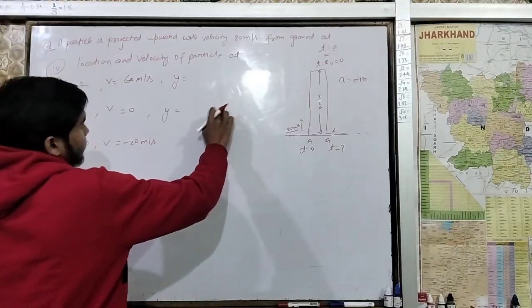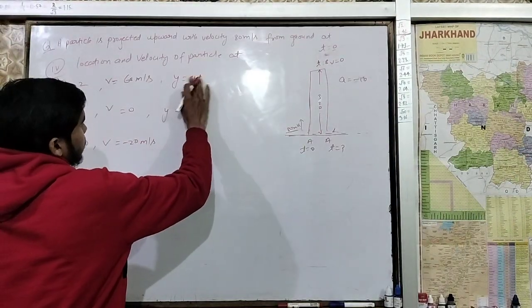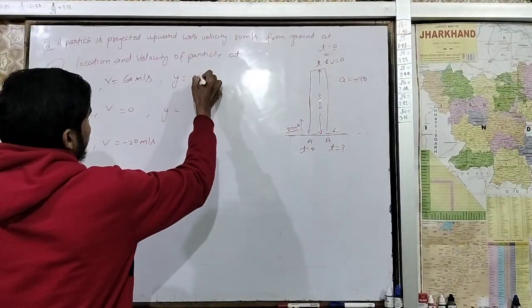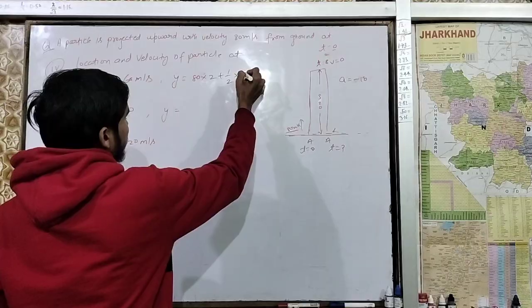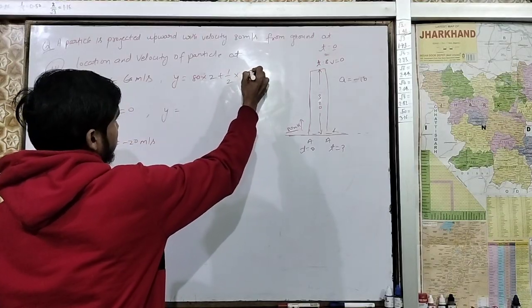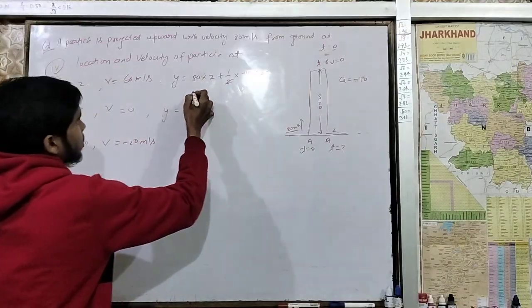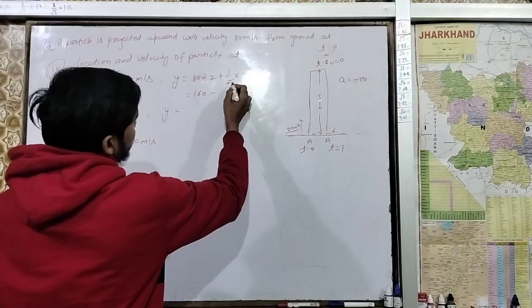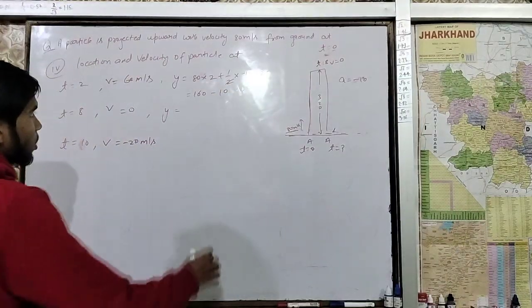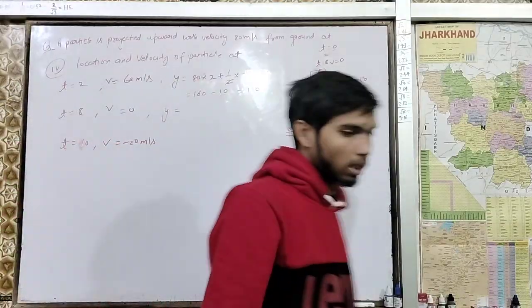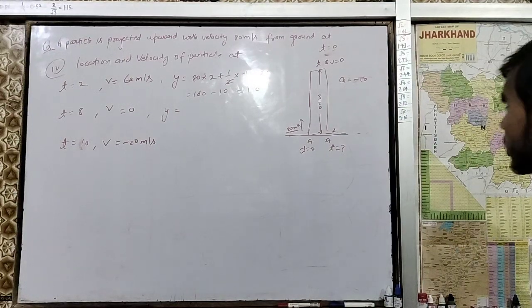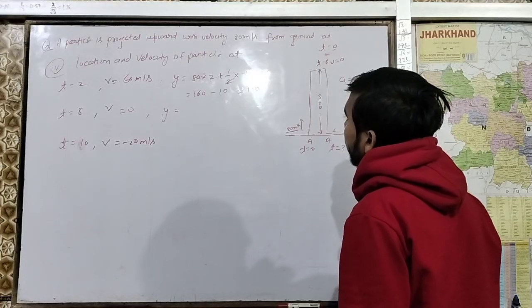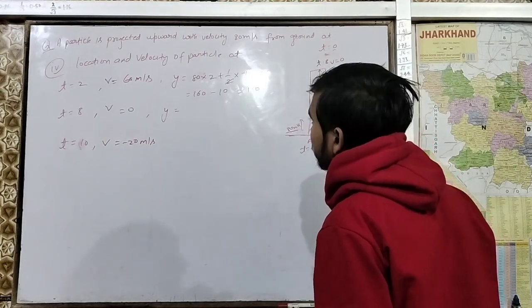So s equals u is initial velocity, u t plus half a t squared, with a is minus 10, t is 2. 160 minus 10. Is this correct?